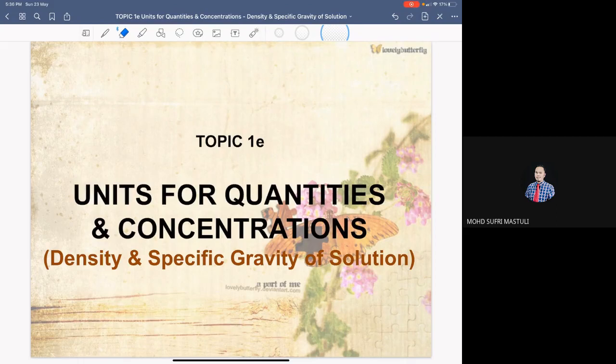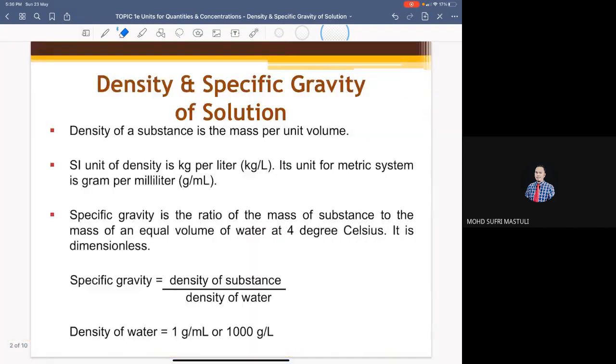We continue our lecture on topic 1, units for quantities and concentration, under the last subtopic, which is density and specific gravity of solution. Density of any substance is the mass per unit volume. The unit can be in kilogram per liter or gram per milliliter.